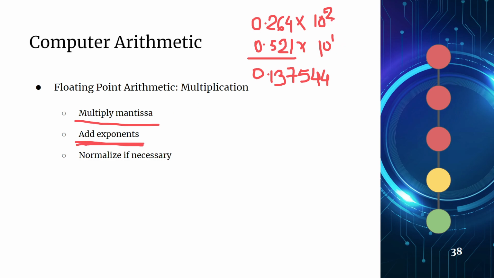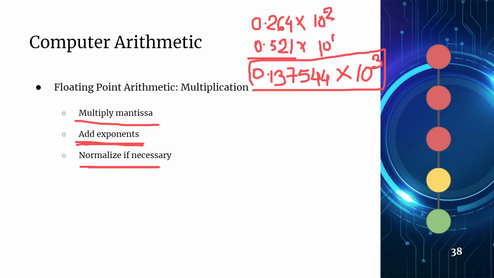So over here the exponents are 2 and 1, so we can say that the exponent will be 10 to the power 3. So this is the number we got after this part, and once again we have to normalize if necessary.